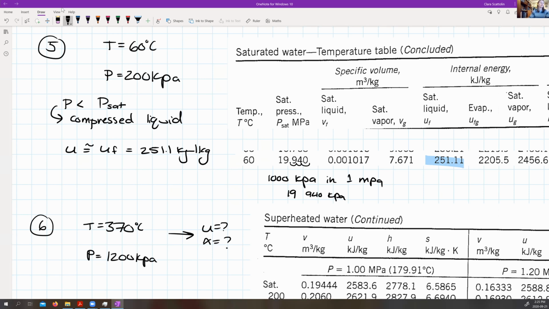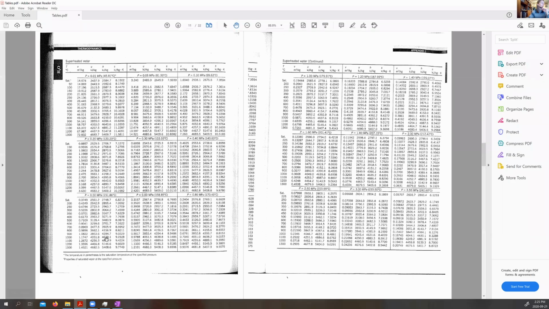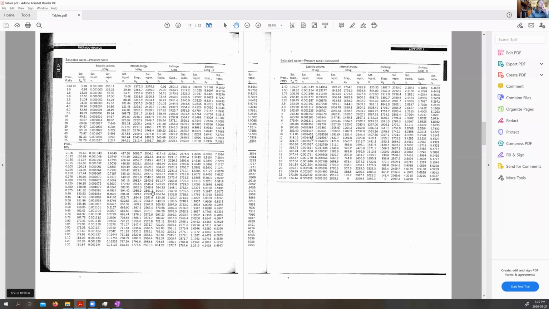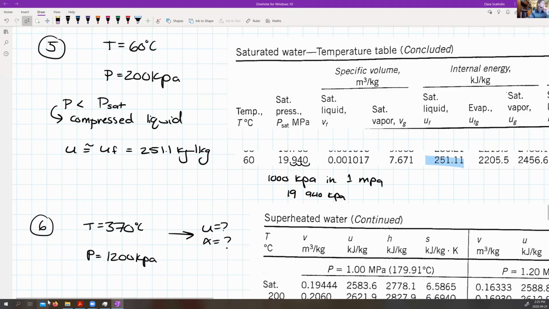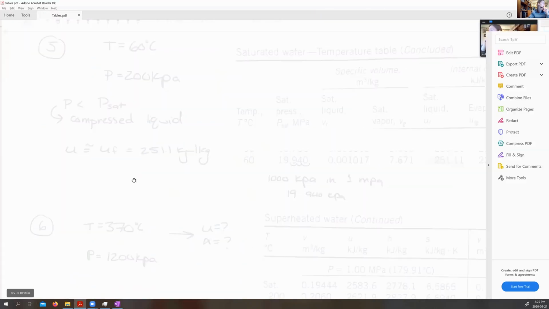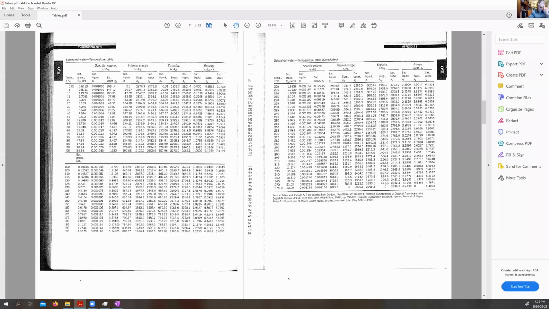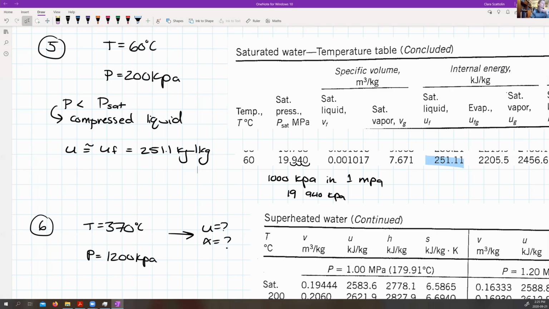No, I think my unit, no, there's something funky with these units here. One sec. Temperature. 60. Okay, there we go. It felt wrong, here we go.